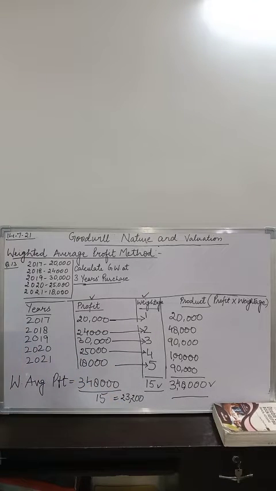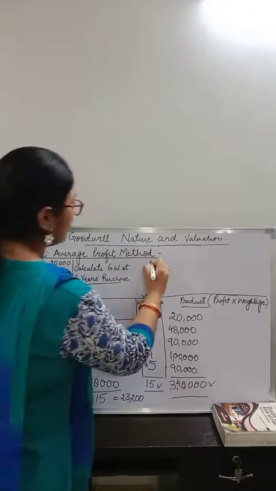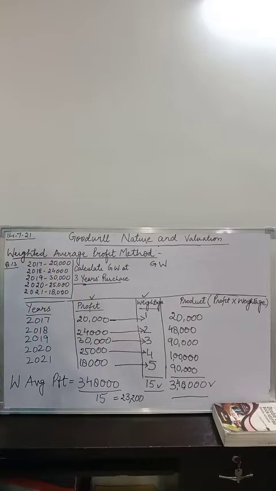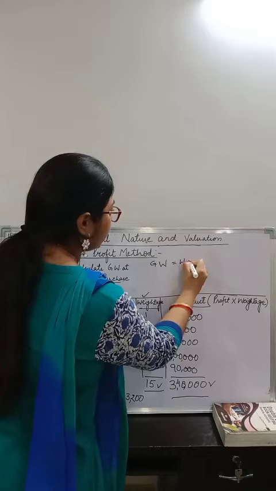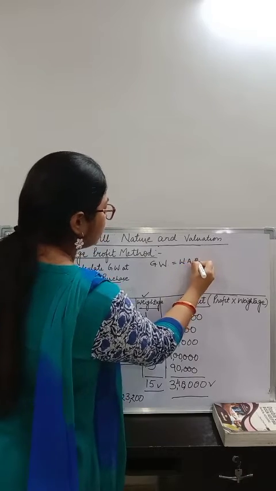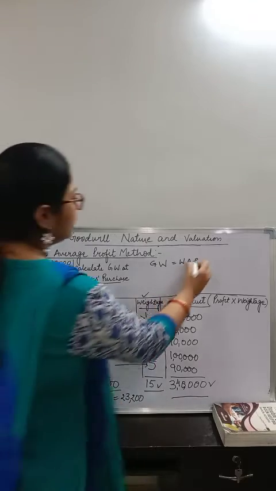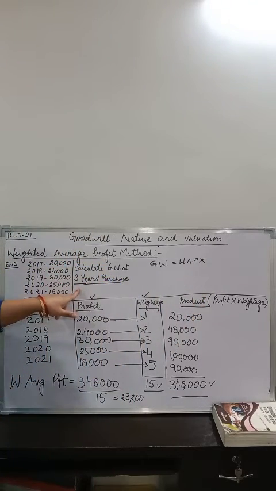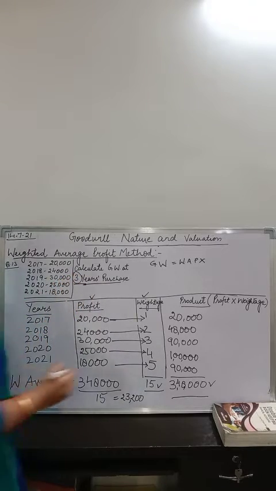Now let us apply the formula. Because there is shortage of space, I will do it here. Goodwill, according to the weighted average profit method, is the weighted average profit, which is this 23,200, multiplied by number of years purchase. According to the question, the number of years purchase is 3.